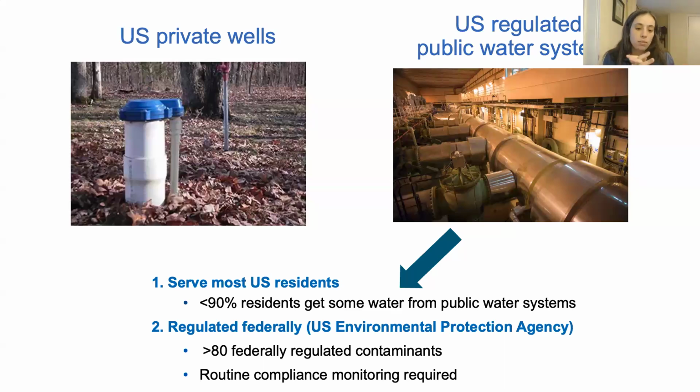Over 90% of US residents get at least some water from a public water system, and they're federally regulated by EPA under the Safe Drinking Water mandate. Depending on how you count them, there are now over 90 different federally regulated contaminants in our public water systems. And those systems are required to conduct routine compliance monitoring to ensure that they're compliant with those EPA standards.